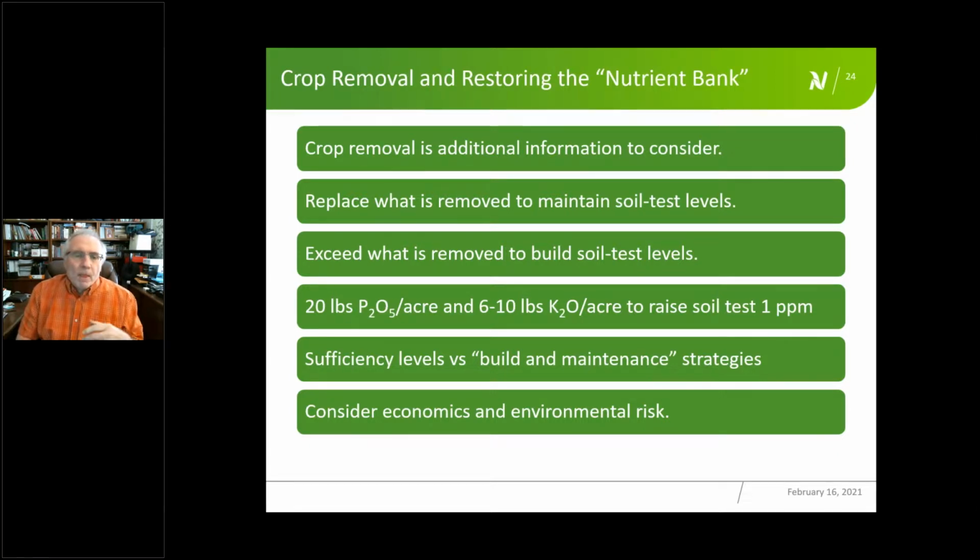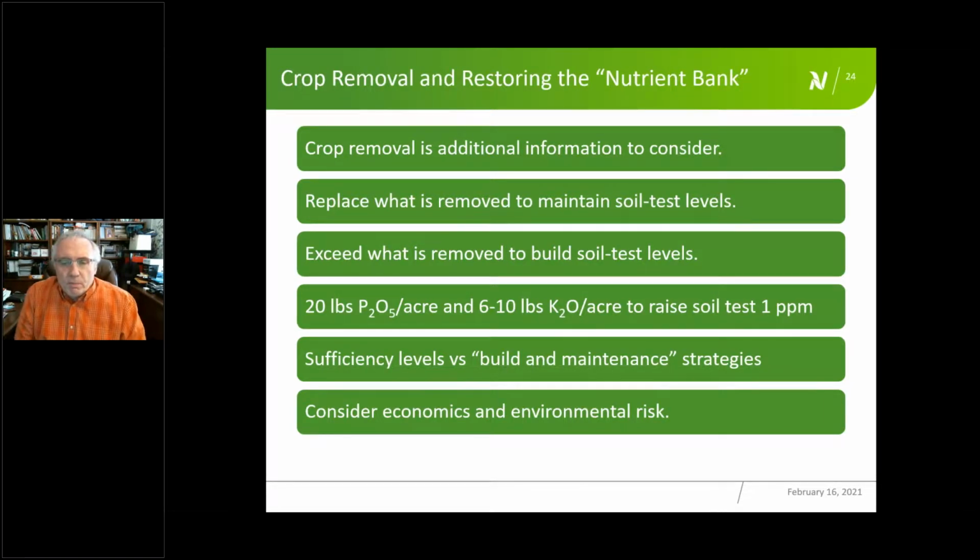Some of our prairie soils with very high calcium carbonate background may take a lot more phosphorus to raise the soil test. In some cases, they're so highly buffered, it's very difficult. So very, very general guidelines. But if I'm going to remove, say, 60 pounds of phosphate per acre in the harvested crop, well, then that suggests that I'm probably going to see a decline of something like 3 parts per million. So maybe in one year, that's not significant, but over several years, it could be.